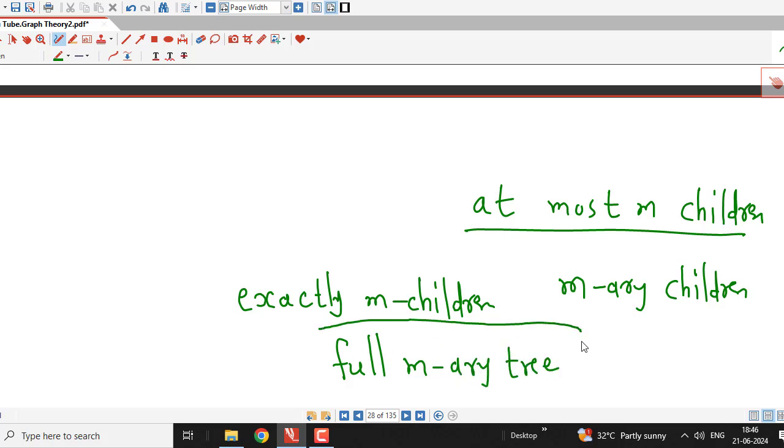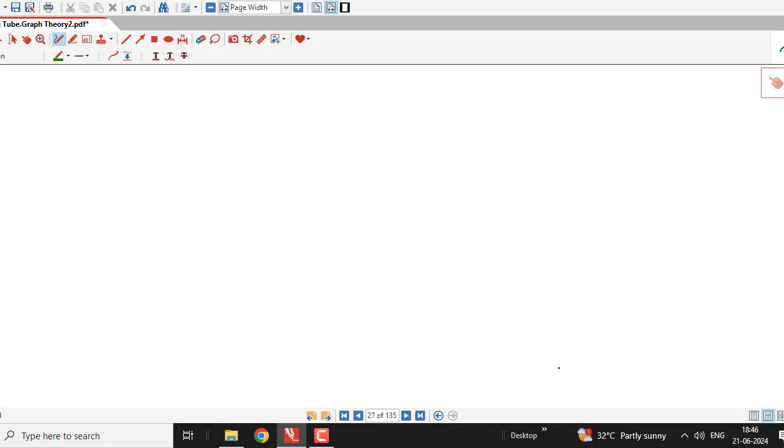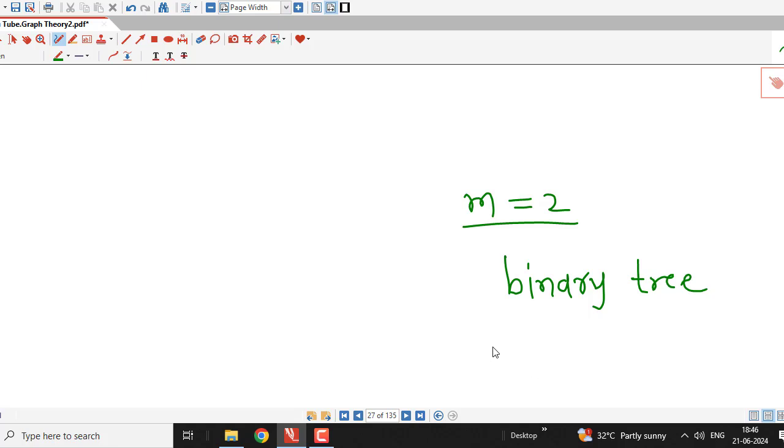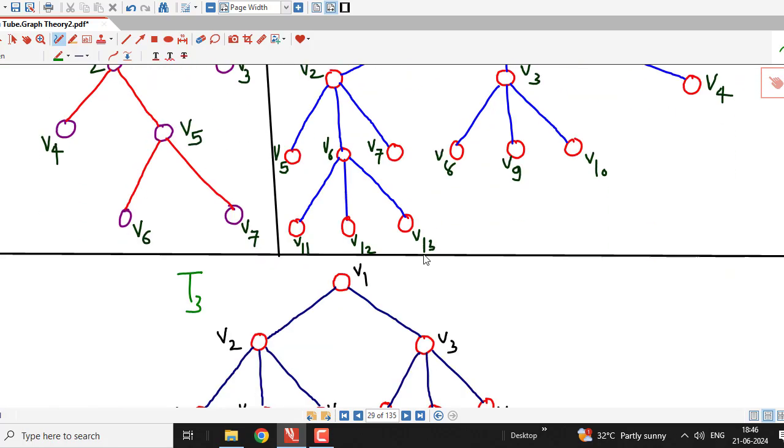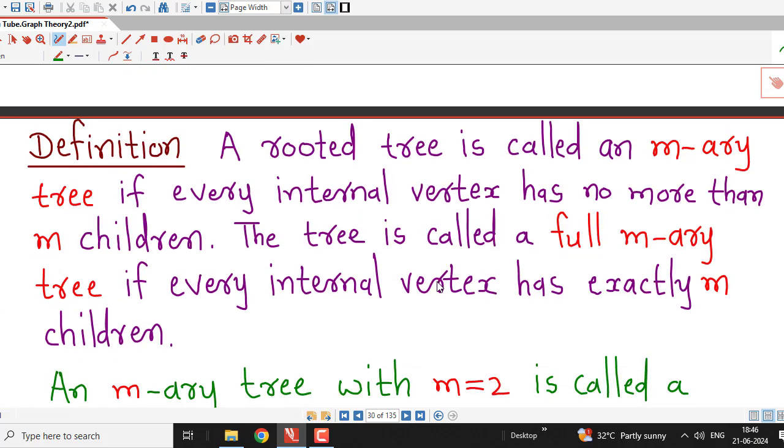For the particular value m equal to 2, we say that the rooted tree is a binary tree. And if there are exactly 2 children for every internal vertex, then we say that the rooted tree is a full binary tree. So that is the simple definition of an m-ary tree as well as a binary tree.